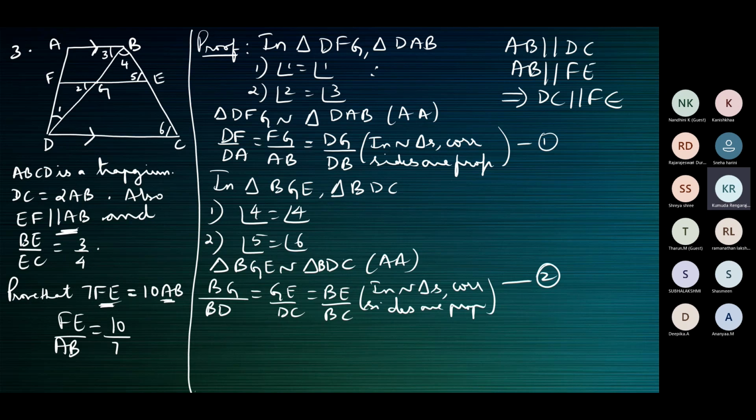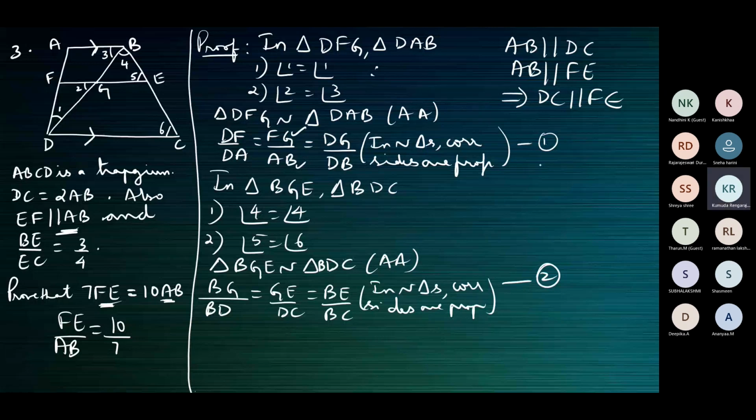So now we'll choose the relevant proportions from here. See here, we have FE and AB. Look at this one, FG and AB, and then DF by DA. You can take any two ratios from there, but you should take FG by AB.